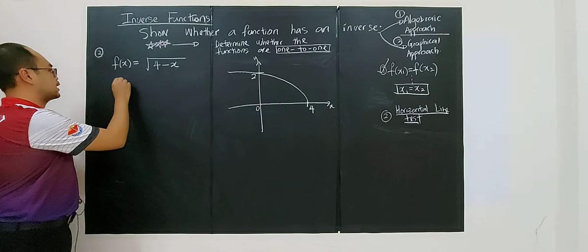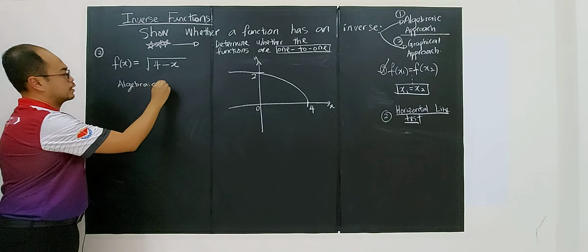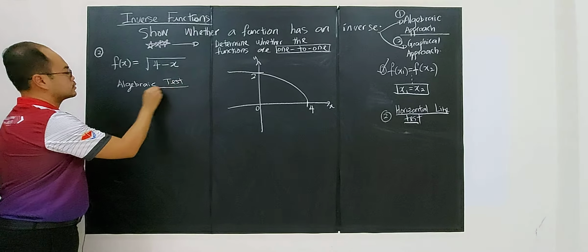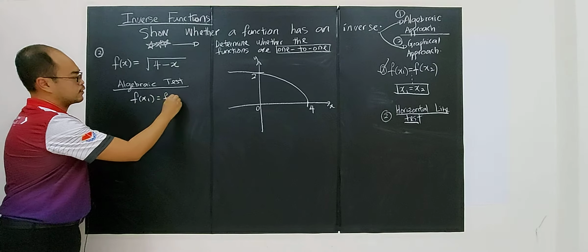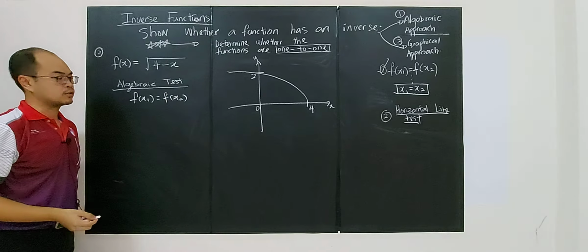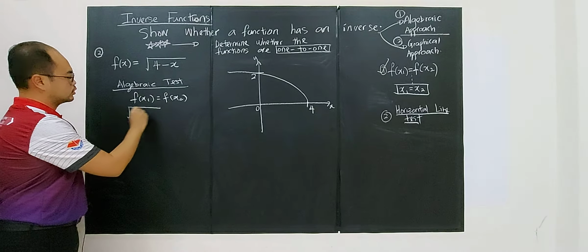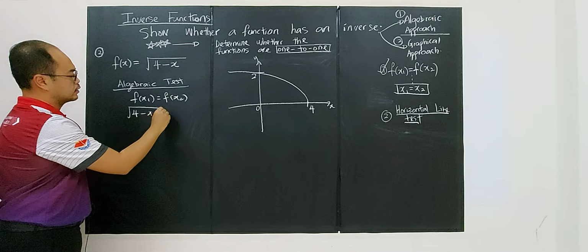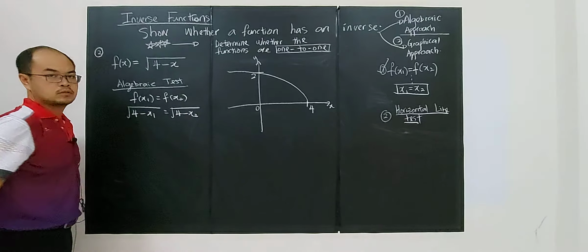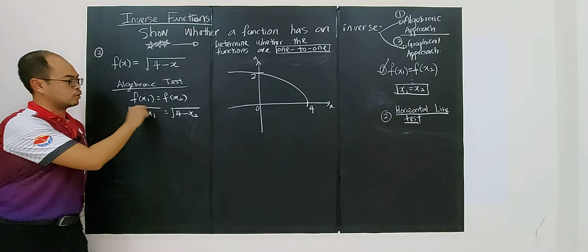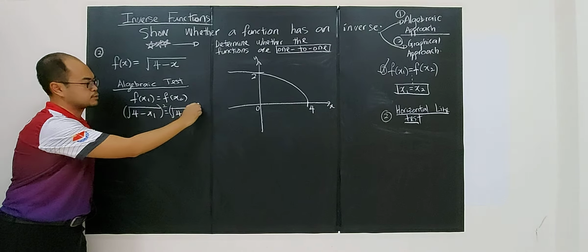So the first test that I'm going to use will be the algebraic test. The algebraic test talks about f(x1) equals f(x2), right? So you substitute into this function. You have the square root of 4 minus x1 equals the square root of 4 minus x2. Then to remove the square root, you square both sides.